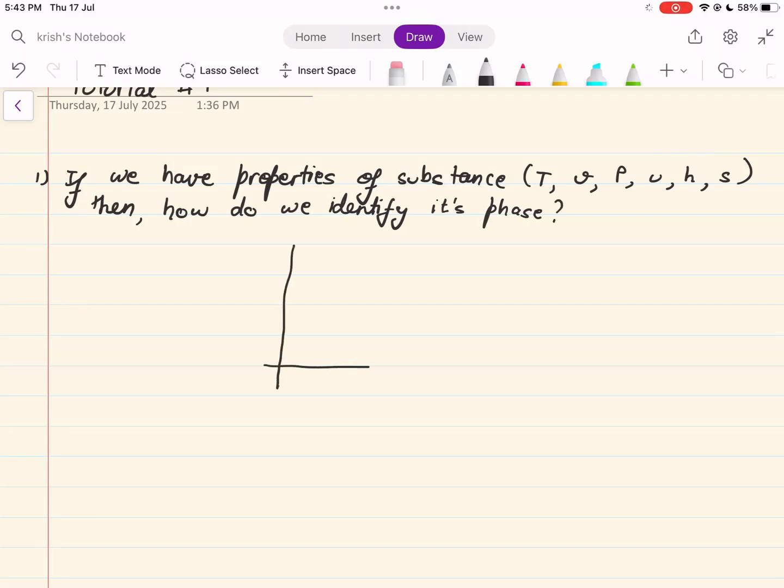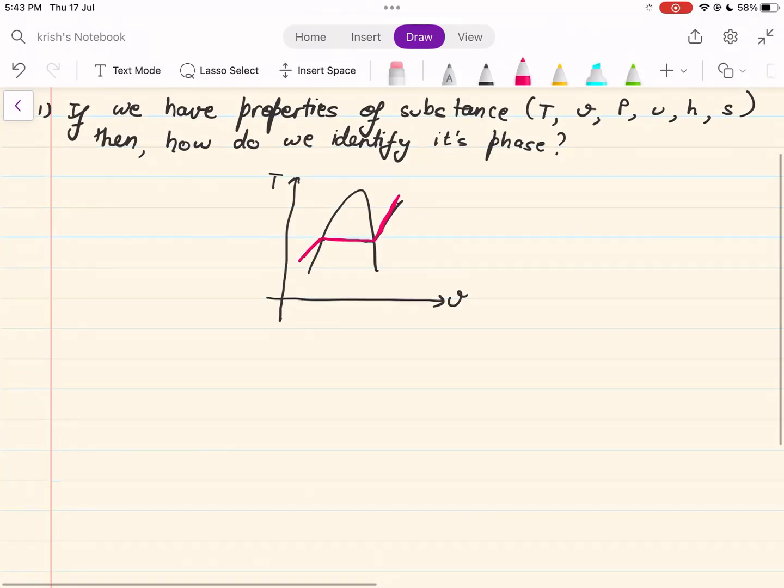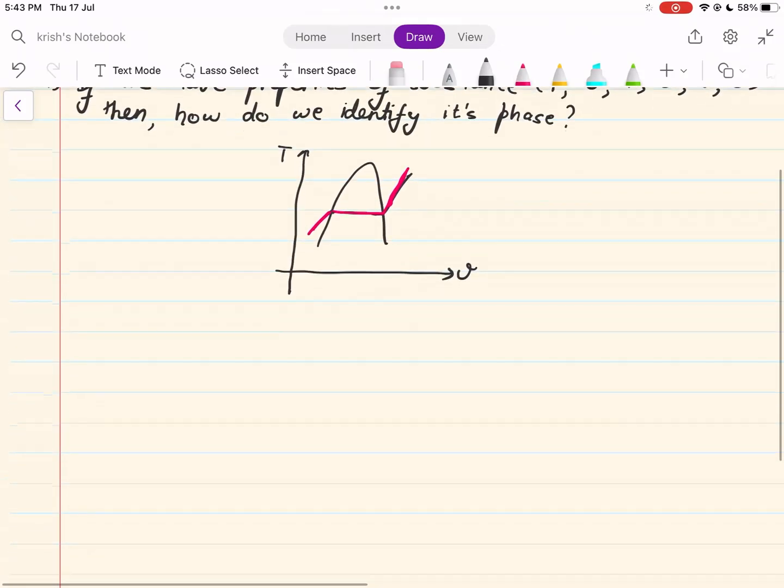That is, if we have certain properties of the material, then how do we identify where on this line does the material lie?